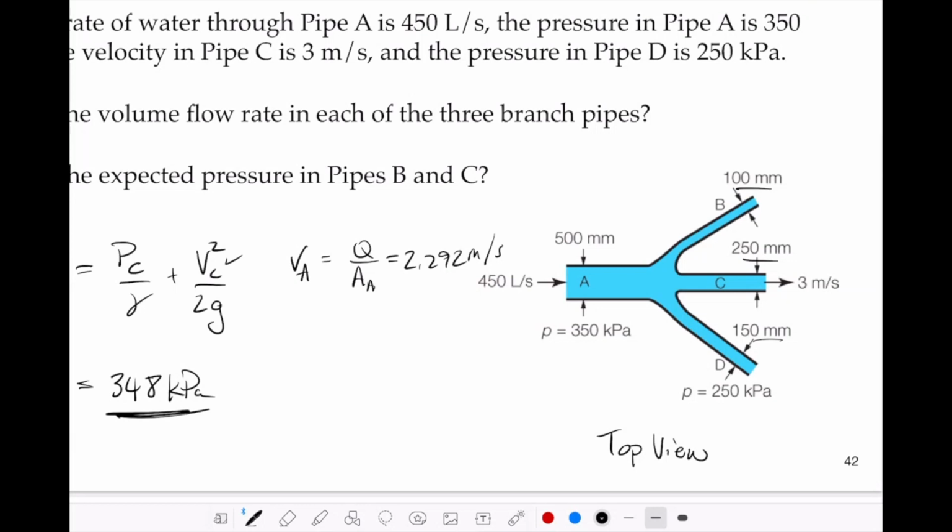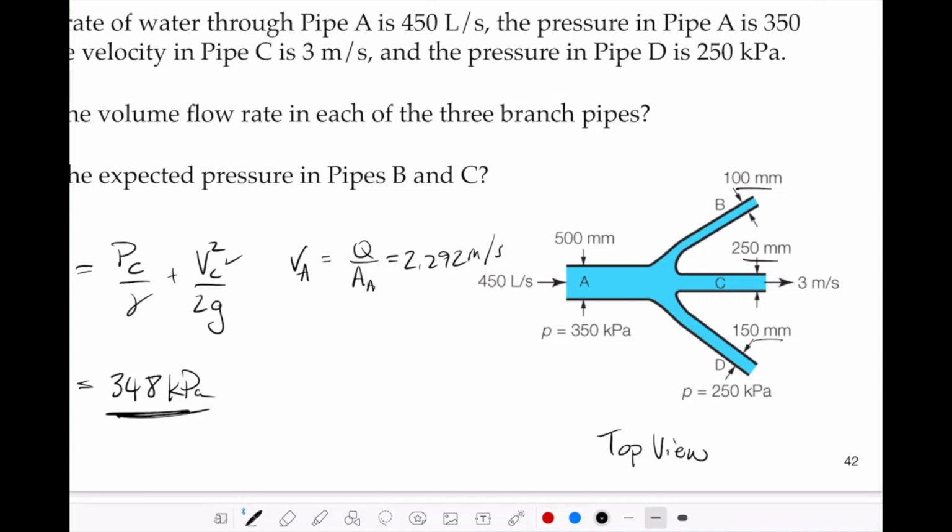When we have a branch system and we don't know the flow rates in all three downstream sections, we can only solve for one unknown at a time. So if we have enough information that we only have to solve for one unknown at a downstream section of pipe, solve for those unknowns first.